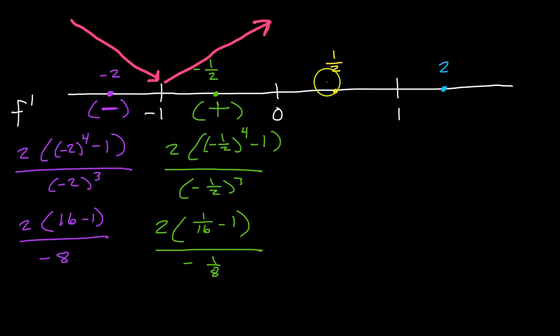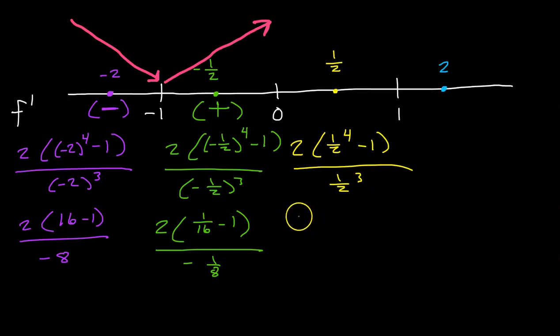Okay, so for positive 1/2, let's see what changes. This will be 2 times 1/2 to the 4th power minus 1, over 1/2 to the 3rd power.